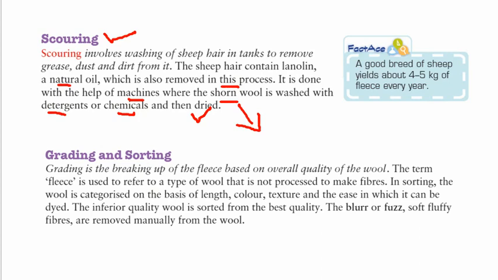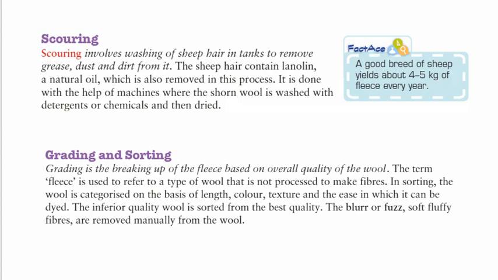Done. Now the third process is grading. After removing the hair and washing the hair, now we have to grade the sheep hair, and then sort it out. Clear? So this process is the grading or sorting process.